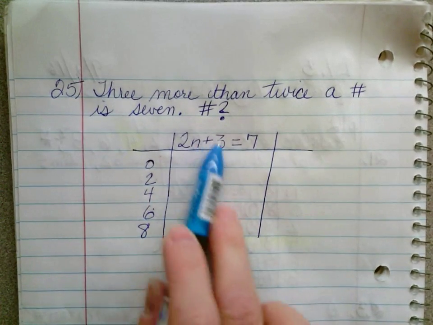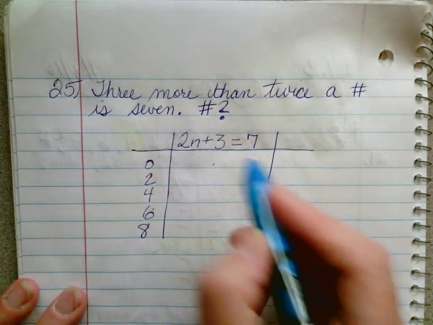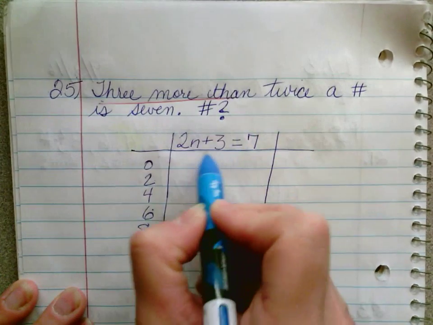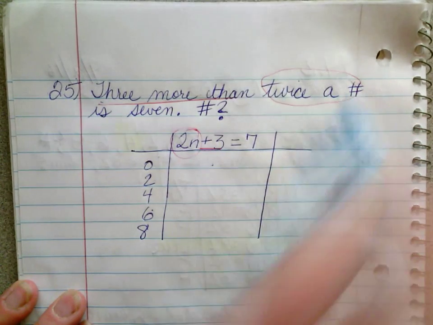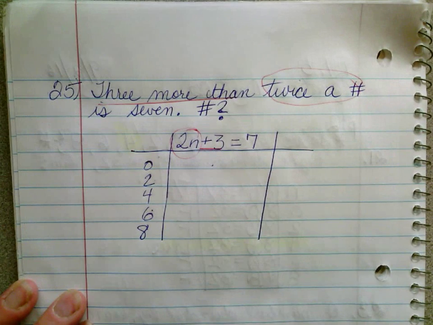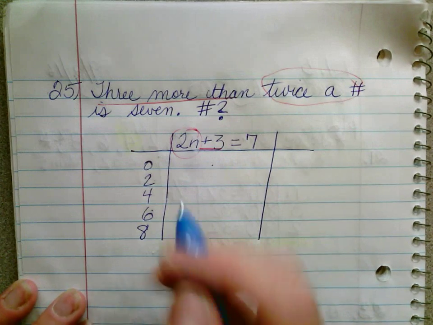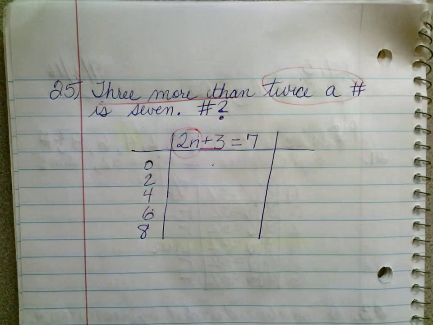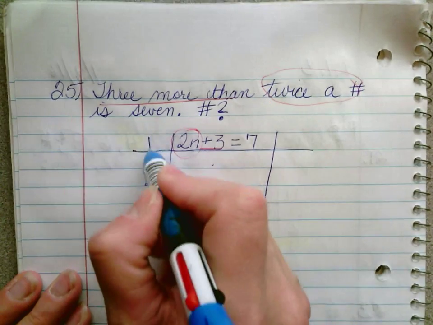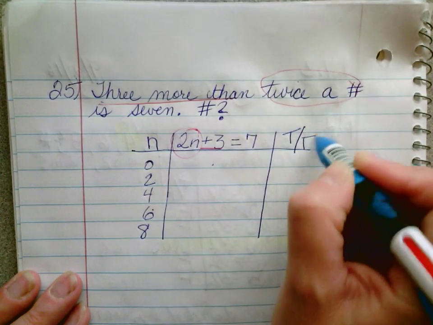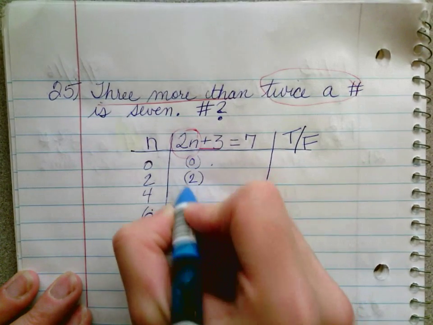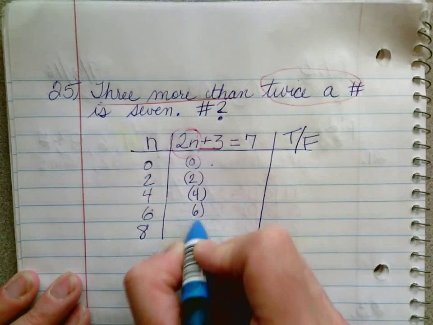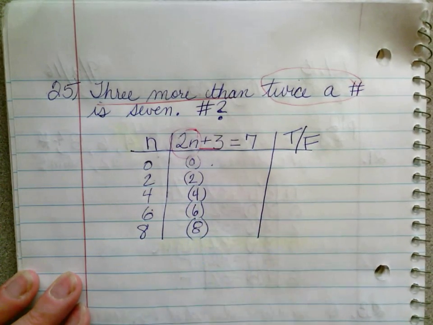Yeah! 2n plus 3 equals 7. Here's the 3 more than, in case you didn't see it. 3 more than what? Twice a number. Twice a number is 7. And there's your is 7 right there. He chose n for his variable. We're going to use that. And we're going to do our trues and our falses. So 2 times 0, 2 times 2, 4, 6, and 8.